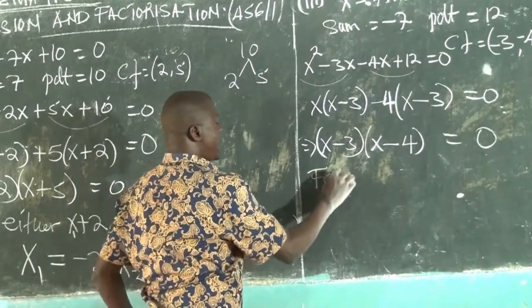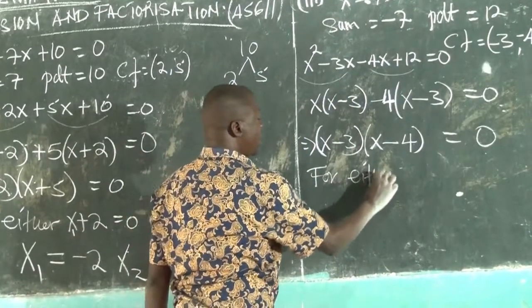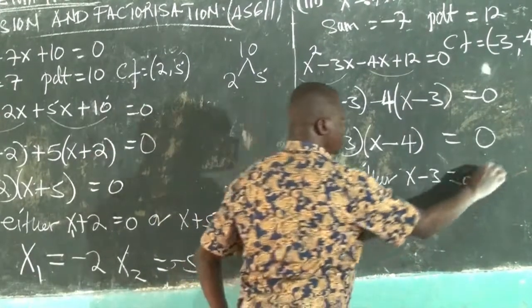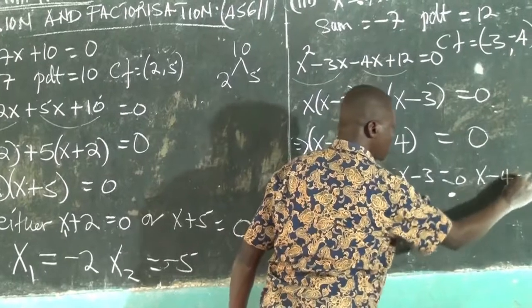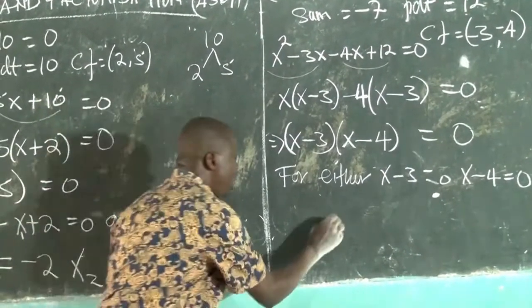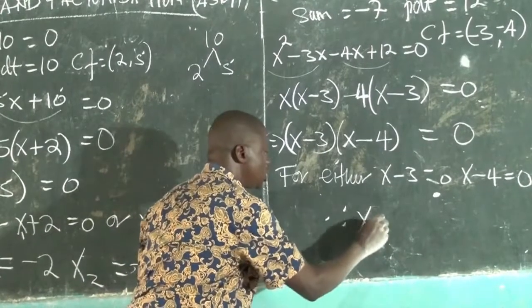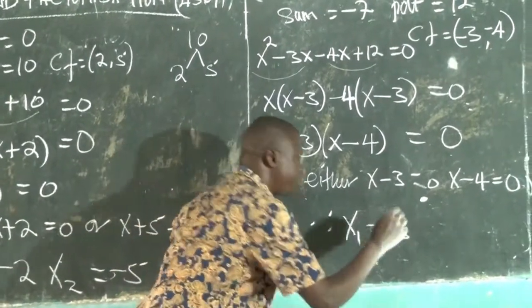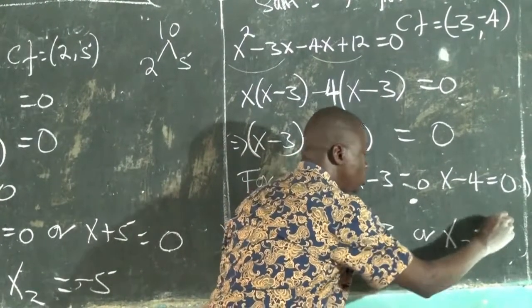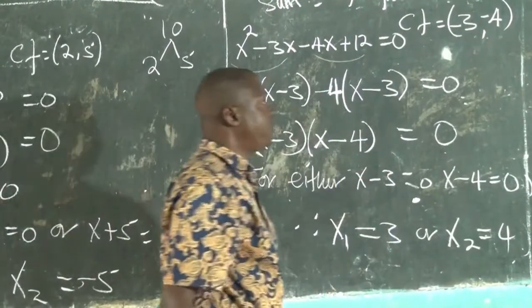For either x minus 3 is 0, and also x minus 4 is also 0. So we shall draw conclusion. Therefore, x1 equal to positive 3, or x2 equal to positive 4.